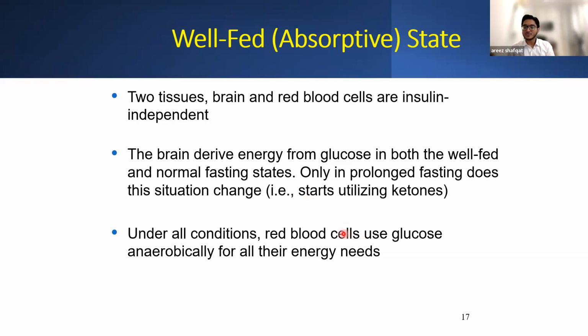So the red blood cells use glucose anaerobically, i.e. glycolysis, for all their energy needs, regardless of whether you're well-fed or fasting, okay? So if you think about it, during a prolonged fast, when the brain switches to use ketone bodies, it's actually saving some of the glucose for the red blood cell, because the red blood cell can only utilize glucose.